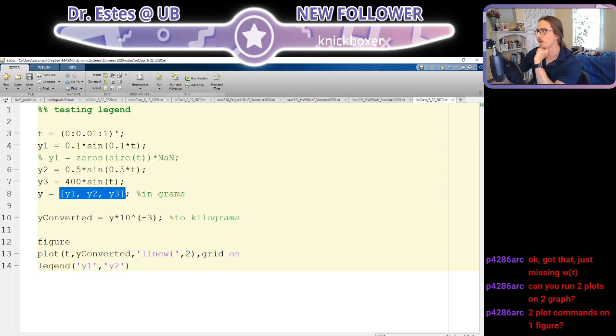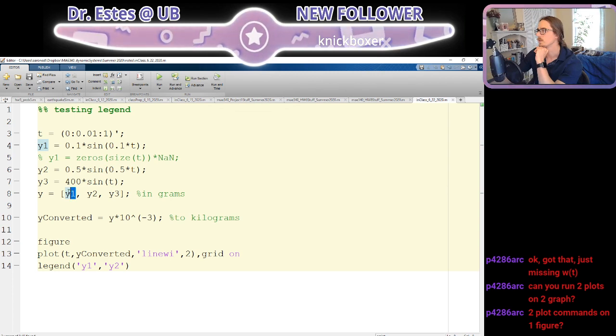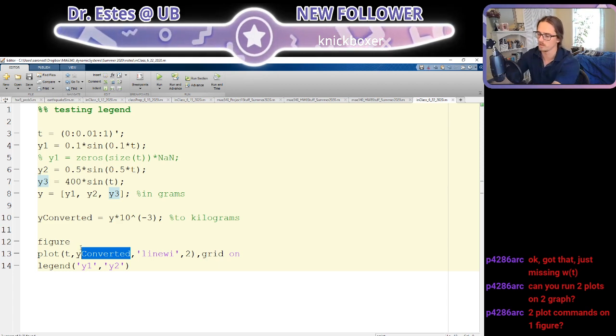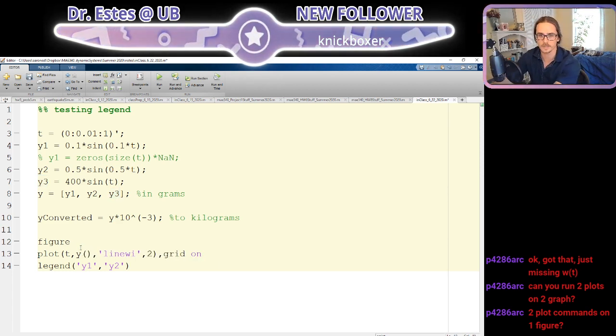Okay, so I got this Y. I got 3 columns. Let's say I want to plot the first and the third column or something. So I could say, let's do the first 2 columns actually. Oh yeah, you can do this.